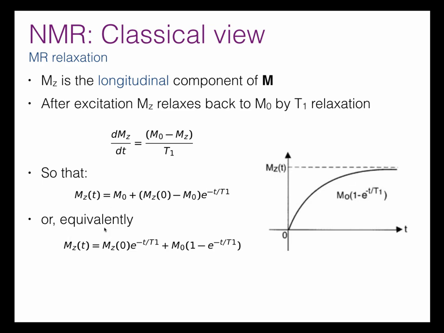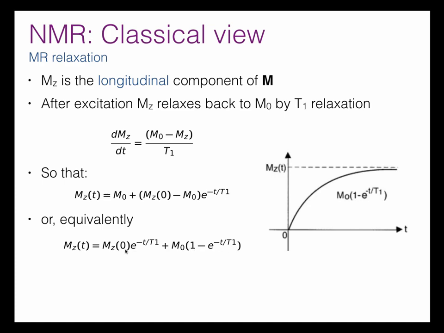A different way of writing this, a trivial rearrangement of the equation, is to say that Mz of t is the initial magnetization. If you've got some initial magnetization, that component decays like T1, and the fully recovered magnetization grows like T1 as well.